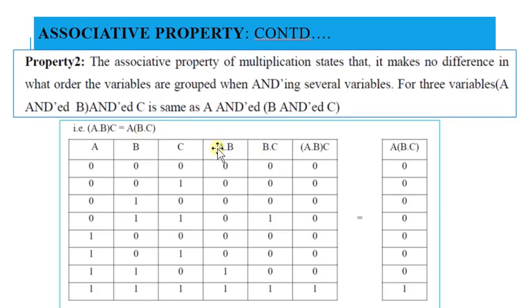A dot B is there, B dot C is there. A dot B multiplied with C gives me a result, which is shown here. And then B dot C multiplied with A gives me a result, which is shown here.